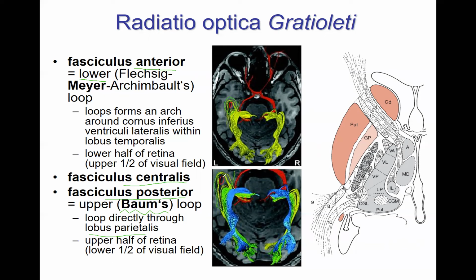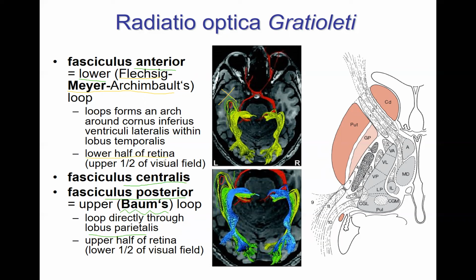So if you have a pathological process within the anterior part of the temporal lobe, somewhere here, it can compress the Meyer-Archambault loop or the anterior fascicle or lower loop, and it can cause problems. Where? It's inferior loop, so in inferior half of the retina.